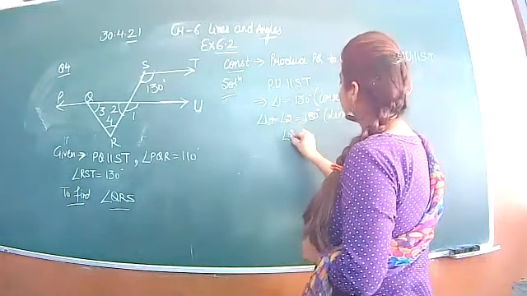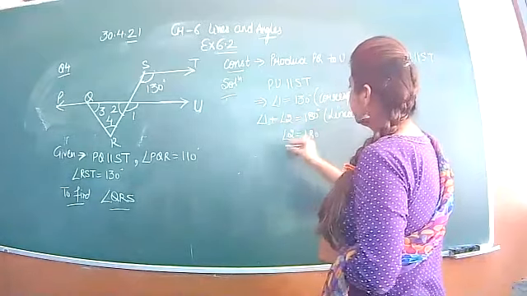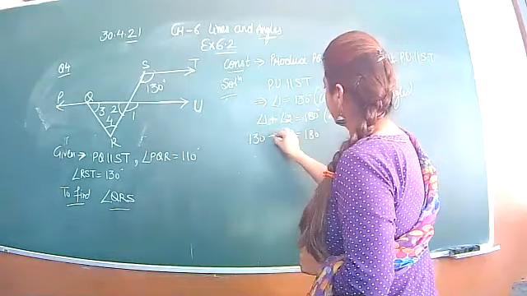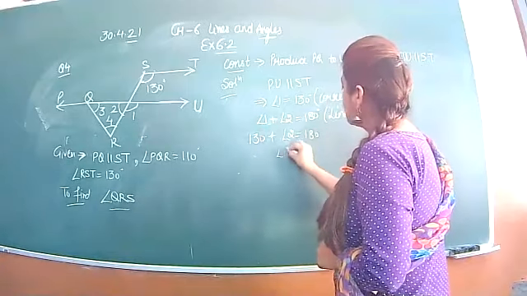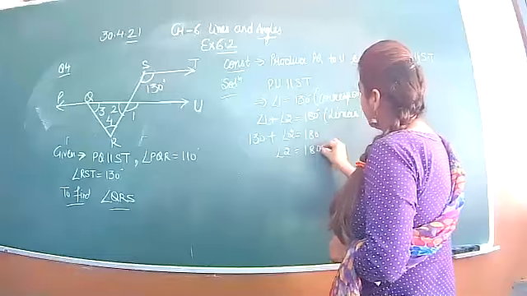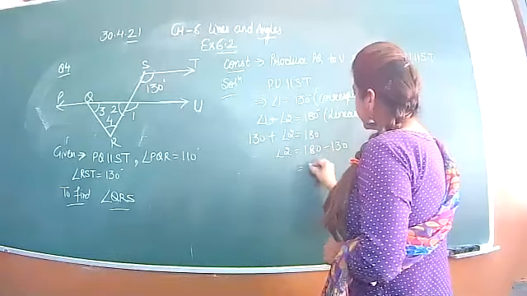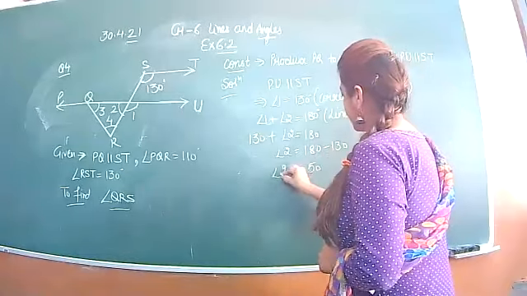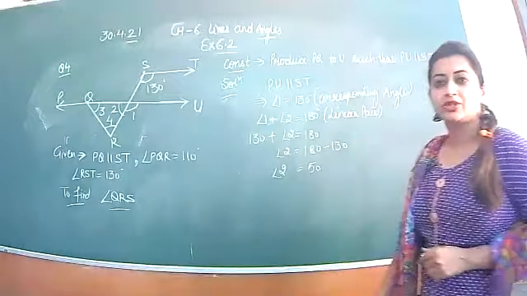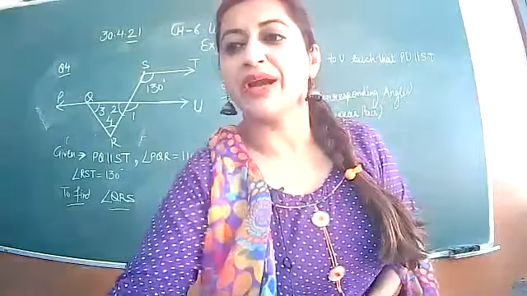So angle 2 is 180 minus 130, that is 50 degrees. Angle 2 we have got. Now let's find angle 3.